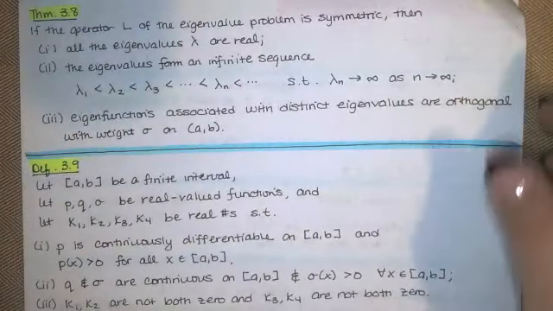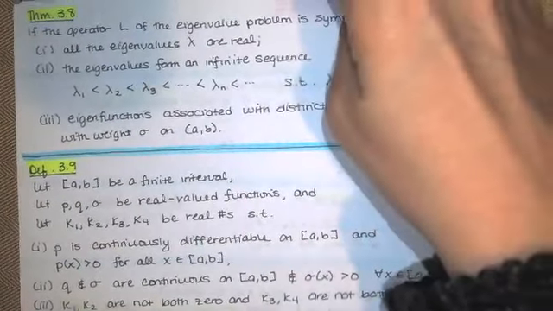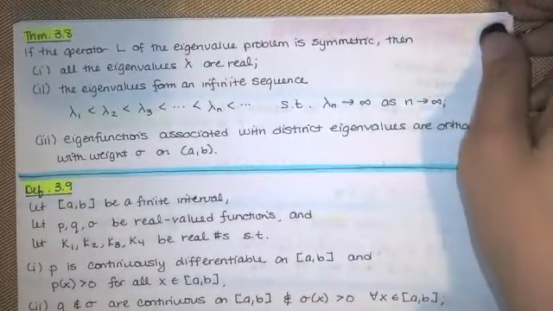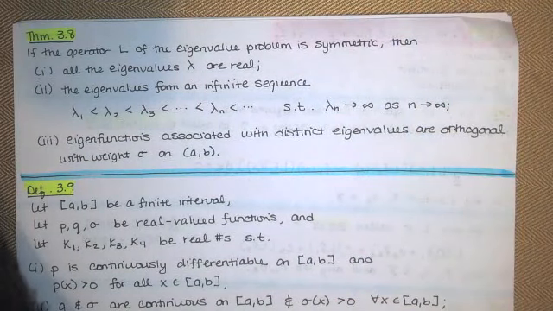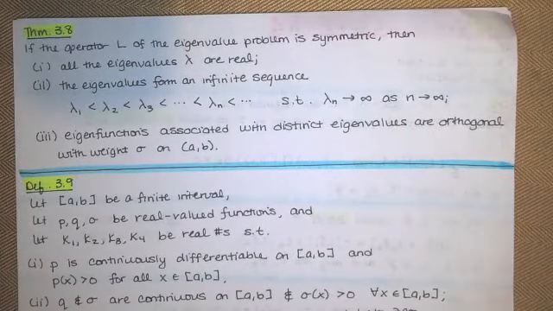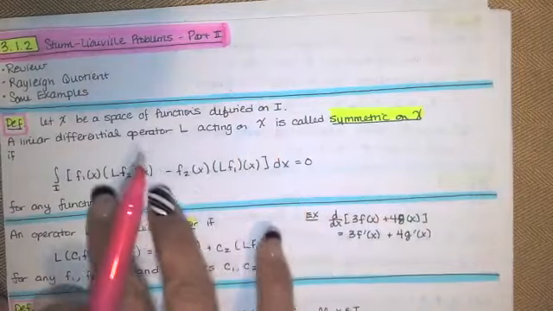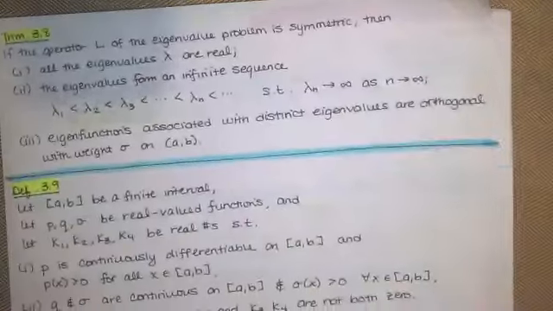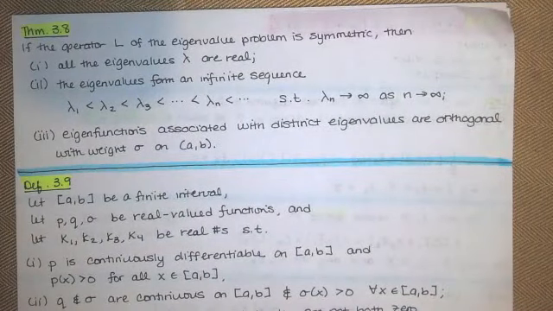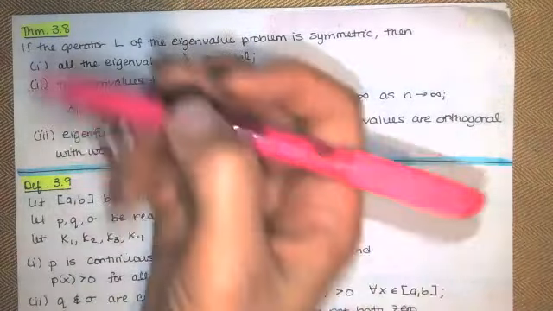Okay, now we're getting closer to discussing this Sturm-Liouville problem. Here's a very important theorem. This is theorem 3.8. It says if the operator L in the eigenvalue problem is symmetric, as we discussed what symmetry means in this context, if the operator L behaves like this for all functions f1 and f2 in the space of functions that we're interested in, then a few things are true.